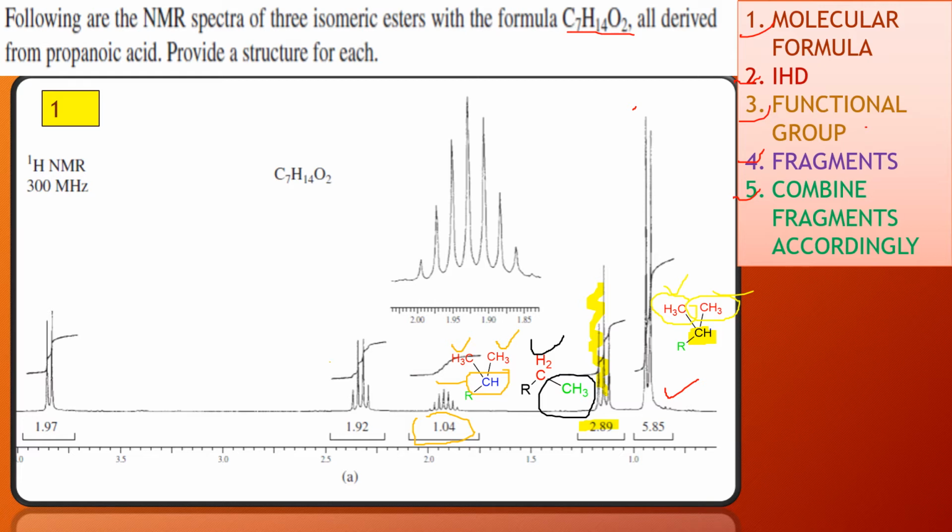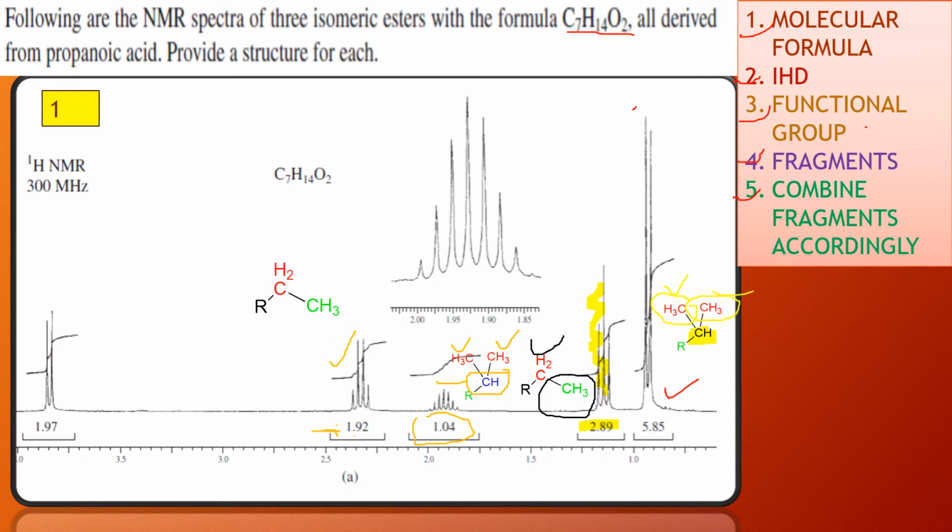So move further, come to this. You can see here it is giving a quartet and there are 2 protons. You can see the integral value is 1.92, which means this is almost 2. So there are 2 protons which are giving us a quartet, because the neighboring carbon contains 3 hydrogens, and 3 plus 1 is 4.